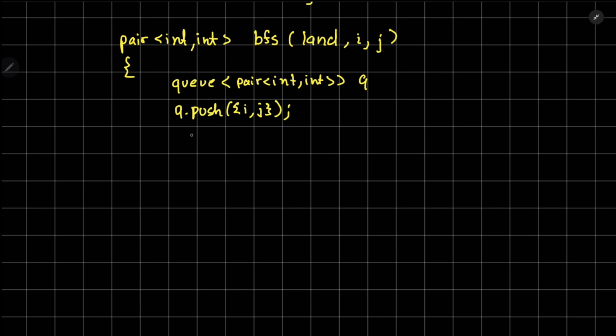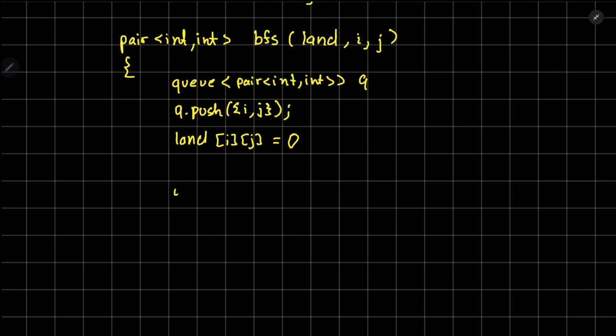Now as we have discussed, we are going to mark this as visited as we are pushing it into the queue. I will discuss later why. So land[i][j] is equal to 0, and now we'll start our loop.